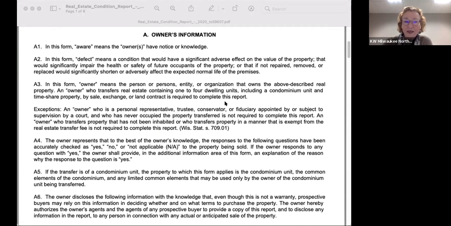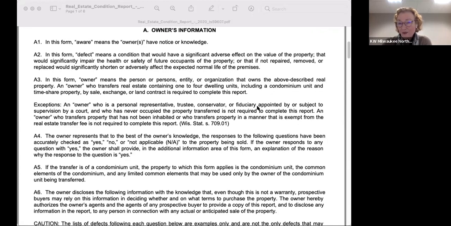In this form, owner means the person or persons, entity, or organization that owns the above described real property. An owner who transfers real estate containing 1 to 4 dwelling units, including a condominium unit and timeshare property, by sale, exchange, or land contract is required to complete this report.